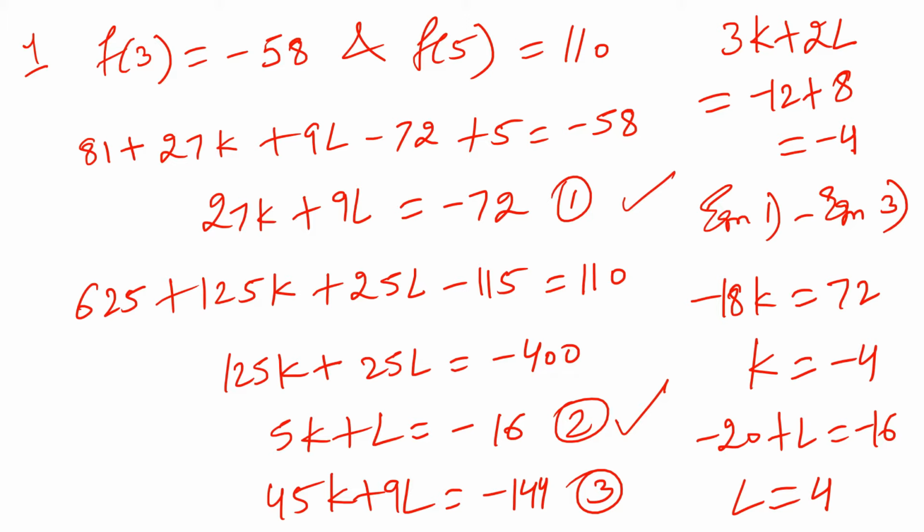So that means according to the question, this must be our final answer. But we have just considered the first case. Now we have to check whether by putting these values we get the function as increasing or not. And secondly, we also need to find the set of values of k and l for the second case.